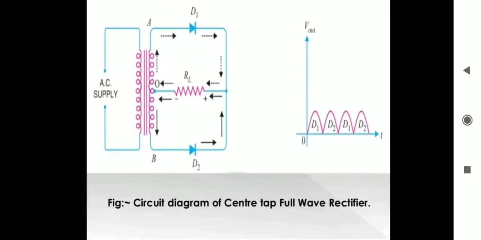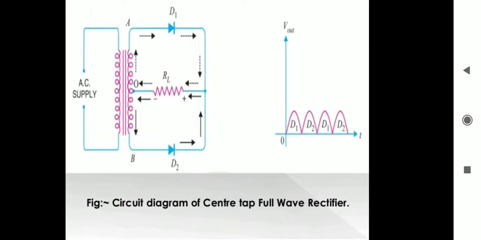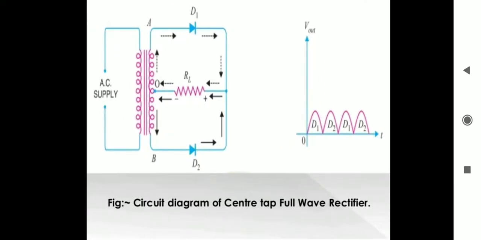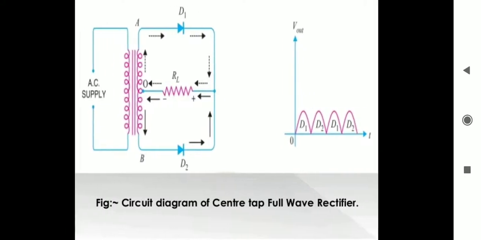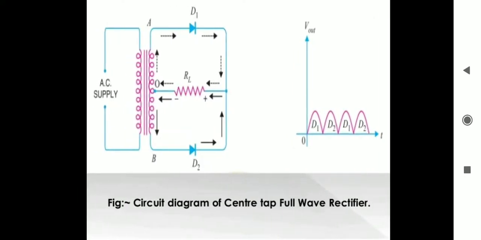The function remains the same as that of the normal transformer. It can be used for increasing or decreasing the voltage level. Another important point to note is that the applied alternating current AC input is divided so that it can make the two diodes function during both the halves.